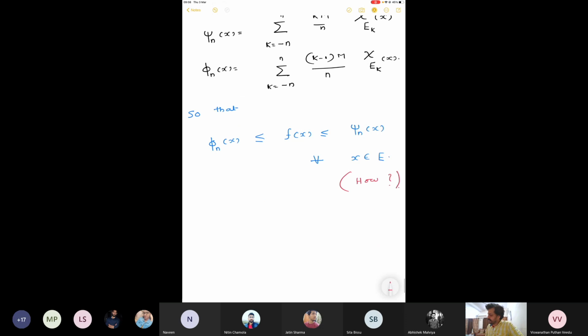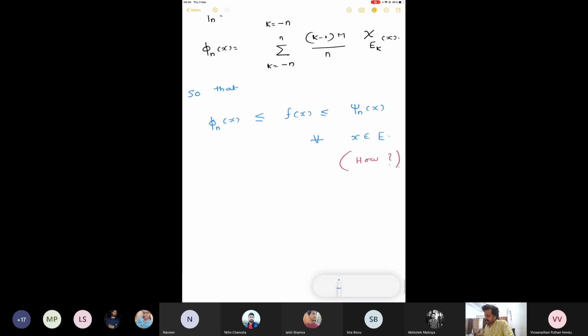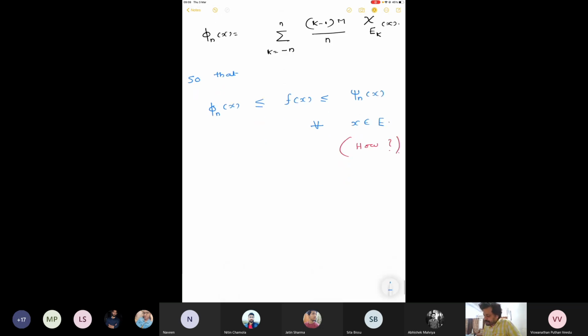Okay. Now, what we are interested in is the Lebesgue integral, upper and lower. The infimum of the integral of ψ(x) dx, where ψ is simple and greater than or equal to f. This is what we want to find for which integral? The upper Lebesgue integral.